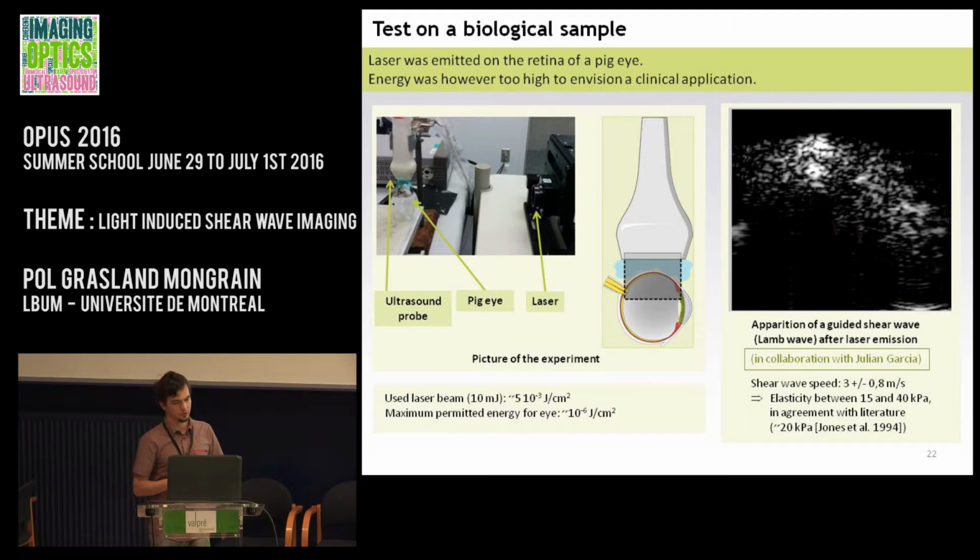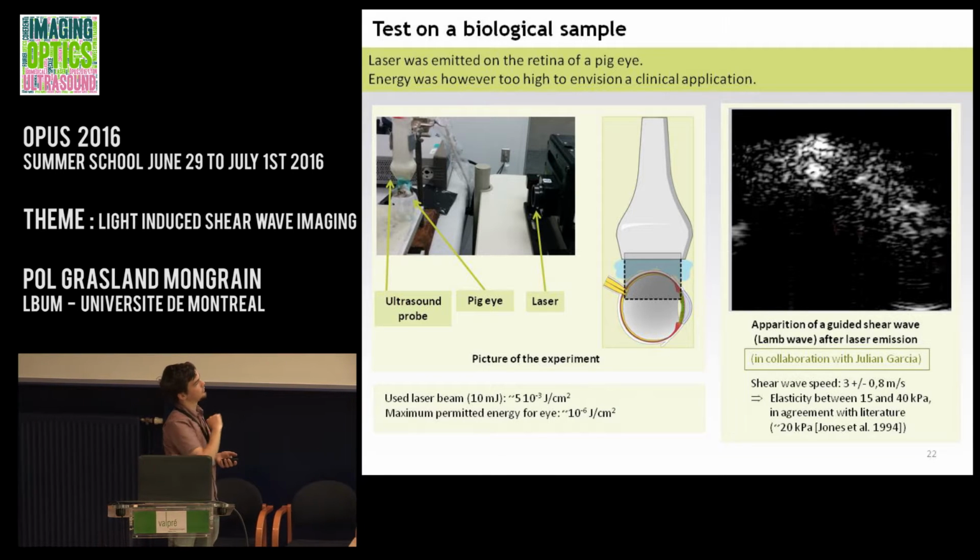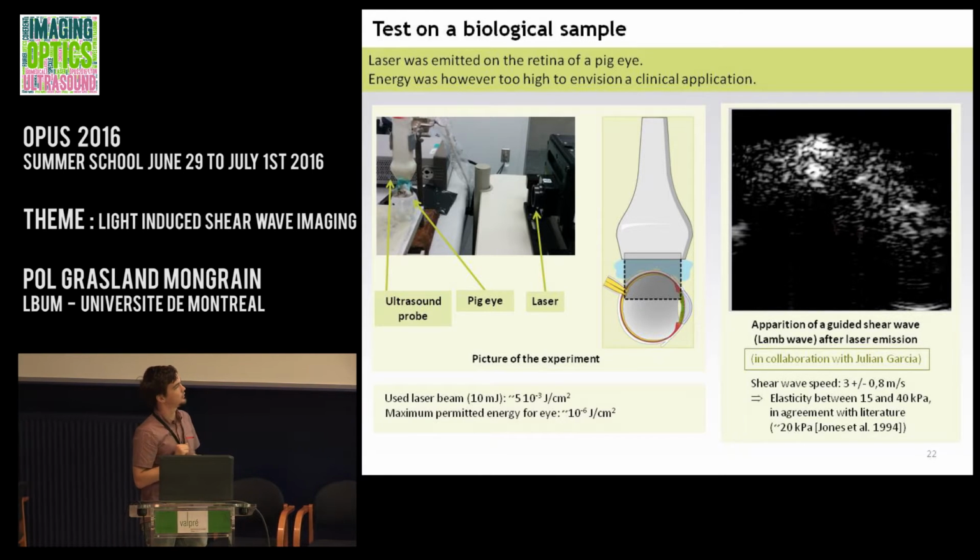And then in color you can see displacement, positive and negative displacement, which propagates through the eye here. So we can measure the speed of this displacement, and the speed is something like 3 meters per second, and it gives an elasticity between 15 and 40 kilopascal, which is in agreement with the literature.